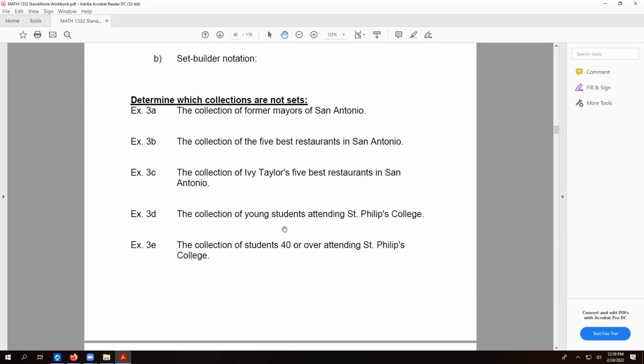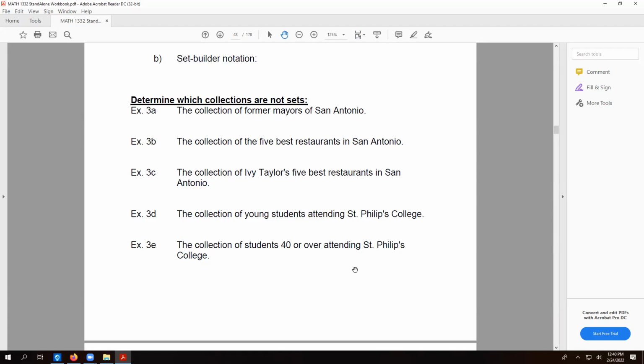Young to a 20-year-old is young, but young to a 70-year-old or 50-year-old is young. That's true. When you talk to a teenager, they think a 30-year-old is super old, and then a 30-year-old thinks a 60-year-old is old. So it's hard to determine what's young.